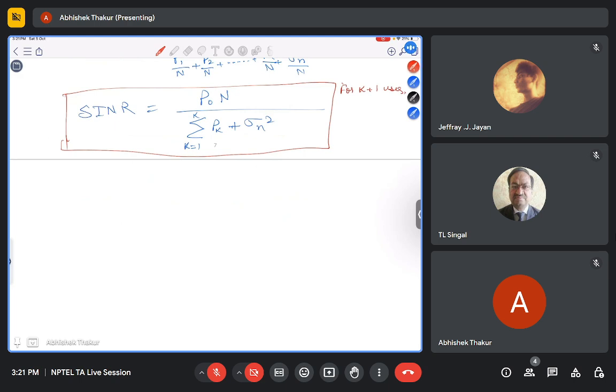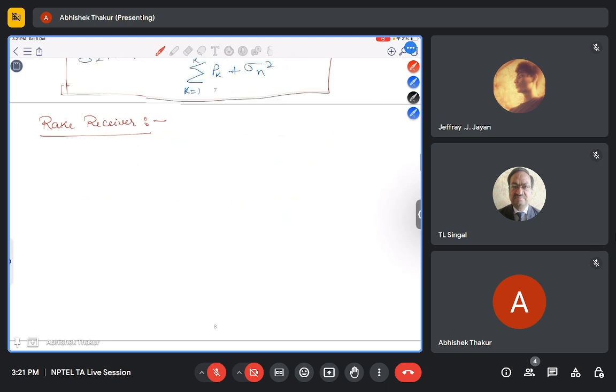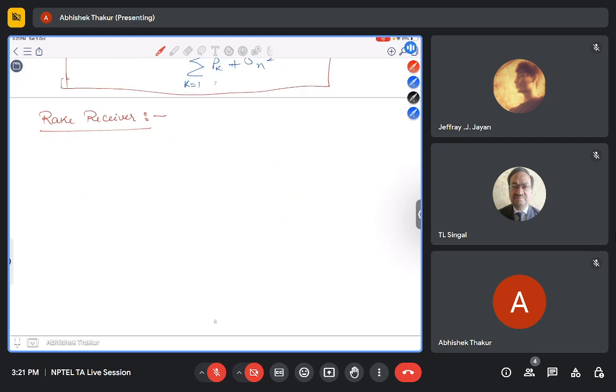Now we will see the multipath diversity or the rake receiver. This is also taught in the class. We'll see this concept, and then after that we'll solve questions. There is an advantage of CDMA that it achieves diversity gain via multipath scatter components.